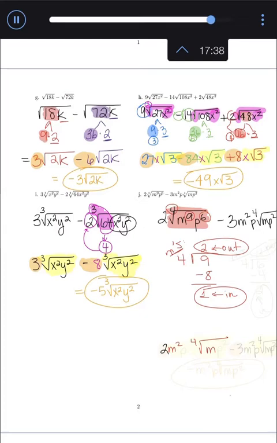Okay, now let's do the same thing for the p's. Let's look at the p's. So that's a 4 and a 6 then. So with the p's, we're looking at 4 going into 6. Well, 4 divides into 6 once as 4 and leaves me with 2 left over.